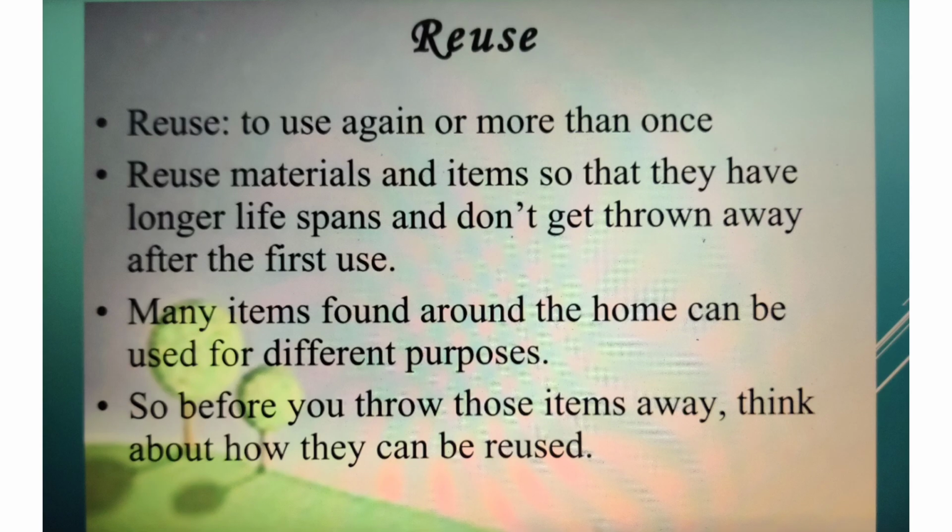Clothes that are no longer in fashion can be donated or given to someone in need. Many items found around the home can be used for different purposes. The glass jar can be repurposed for storage or as decorative items. And your old furniture and electronic household items can be repaired or repurposed instead of being discarded.